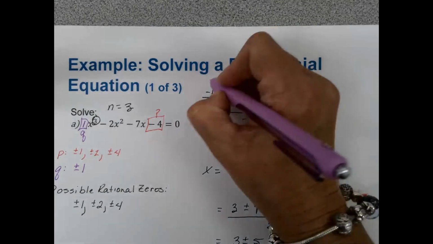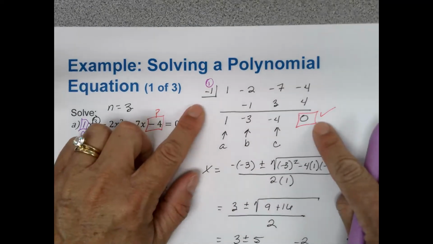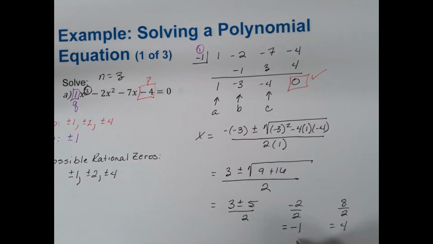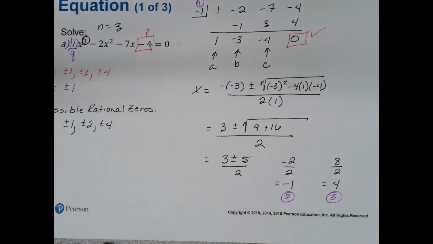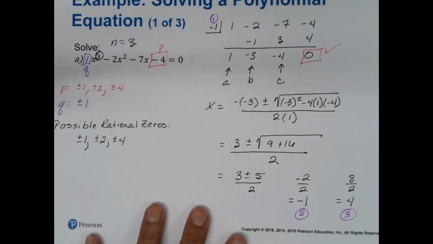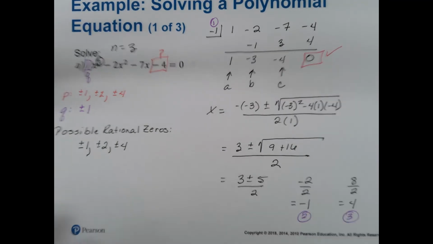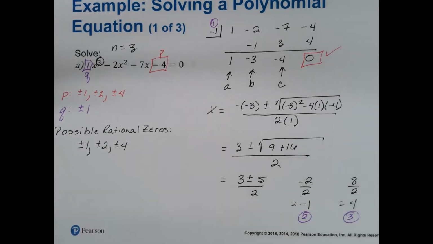Here's 0 number 1, which was negative 1, because we found that to be 0. Here's 0 number 2, which is also negative 1, so that was repeated. And then 0 number 3. So those are our 3 zeros. Negative 1 is a 0 of multiplicity 2 because it happened twice.